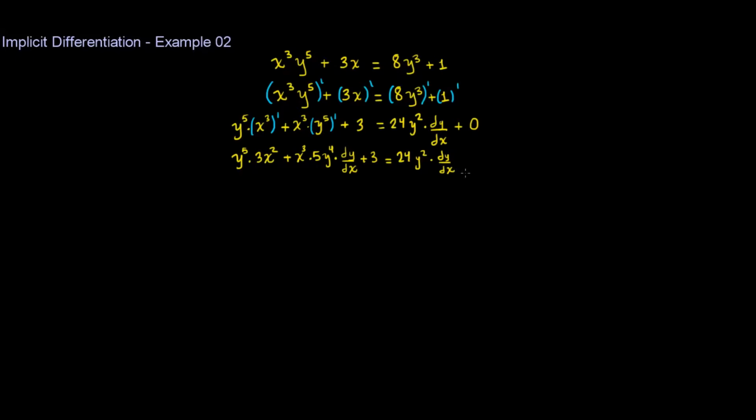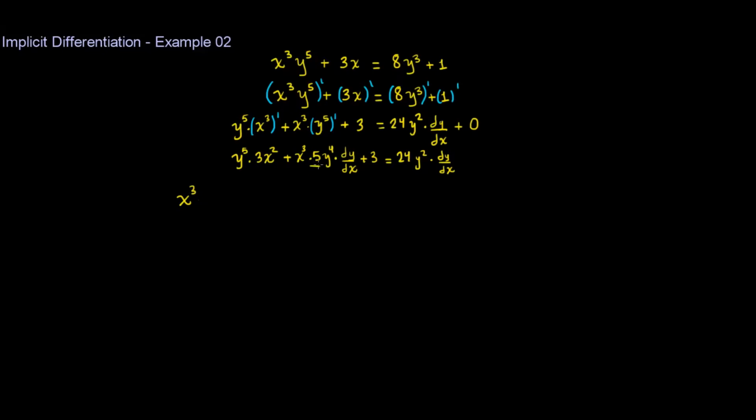So from here, I'm going to operate on both sides of the equation: I'm going to subtract from both sides this term and this one. So first I'm going to move this one to the right, basically. It will look like this: the x to the third times dy over dx.